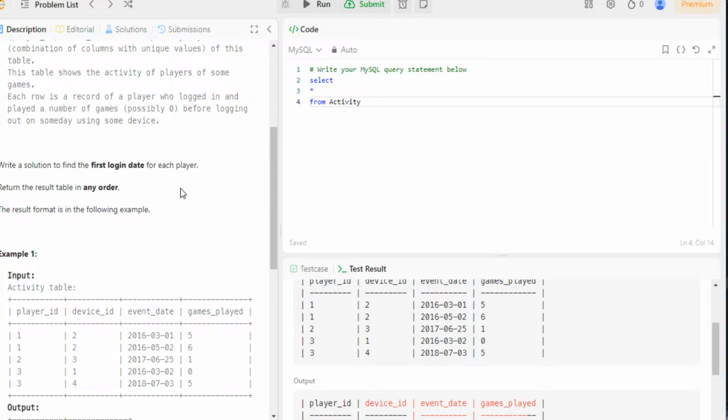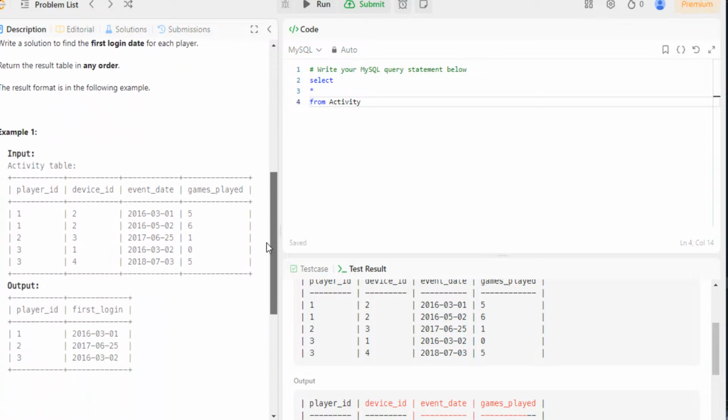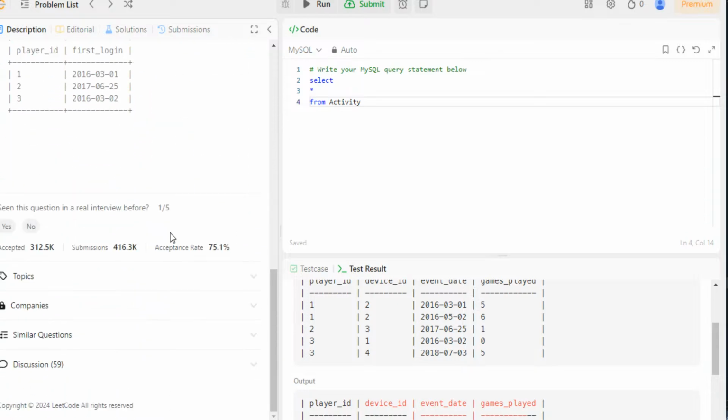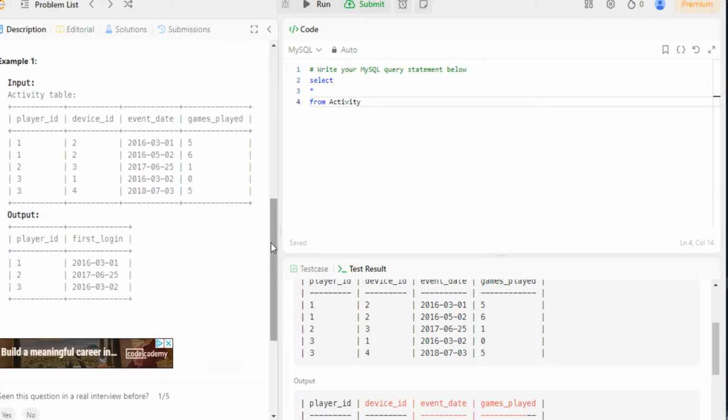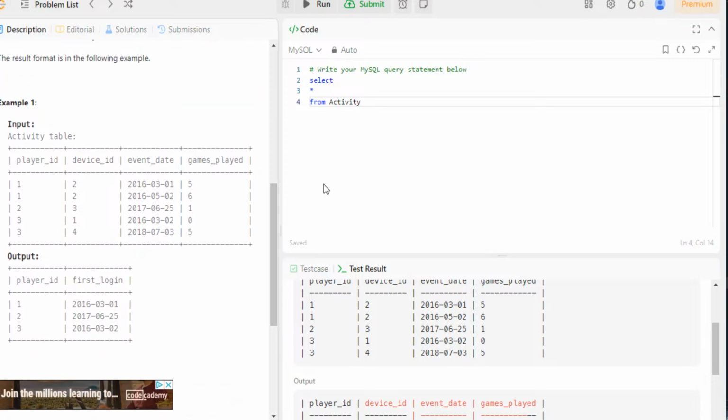Okay, so this is a pretty interesting one right here, and this is one that you will absolutely have to do. So, alright, it's going to be a min over partition by. There's two ways to do this. We haven't done any group bys in a while.